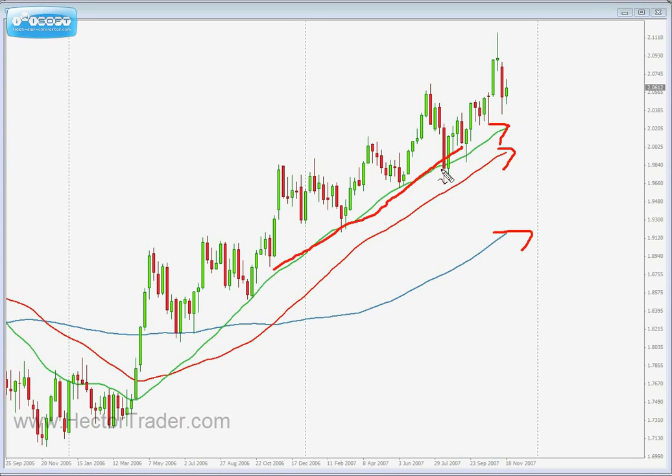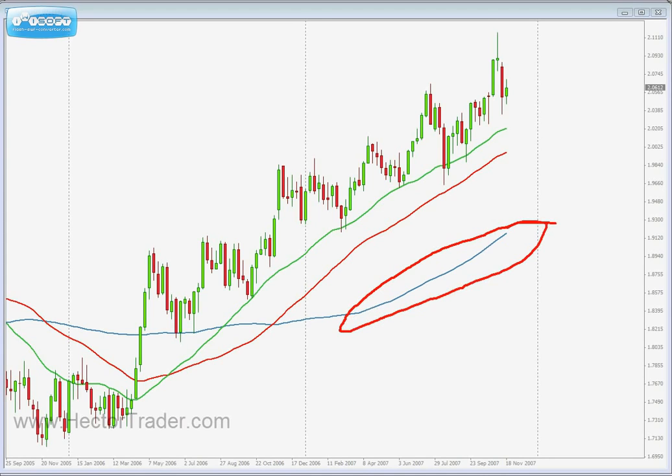They are more or less parallel, especially the 30 and the 50, which are the two most important ones. Price is nowhere near the 100. You see, this is the 100 moving average, and price is very far away from it, isn't it?